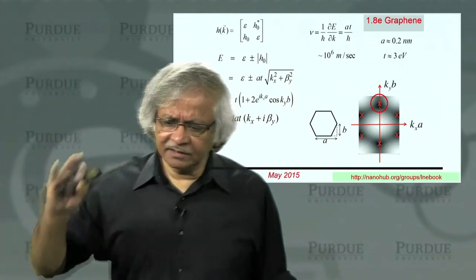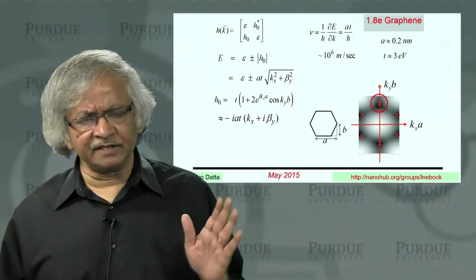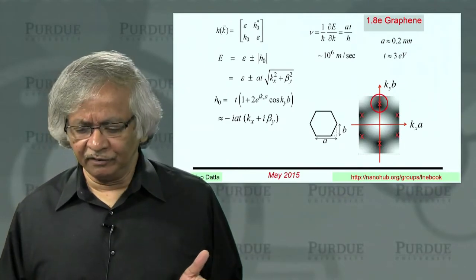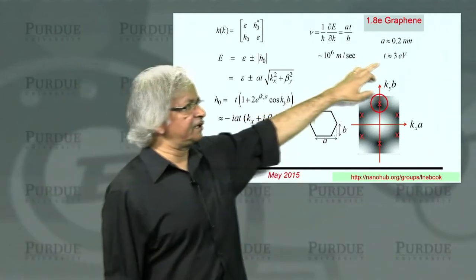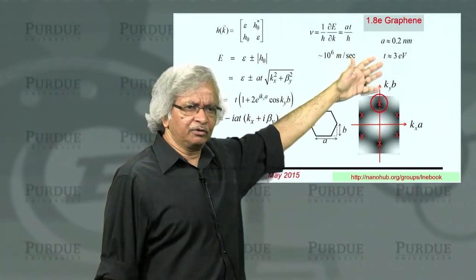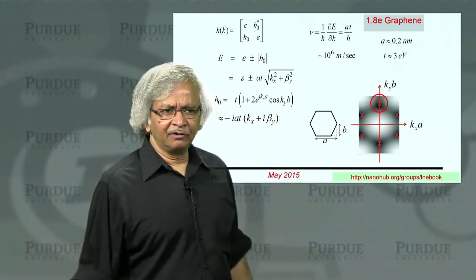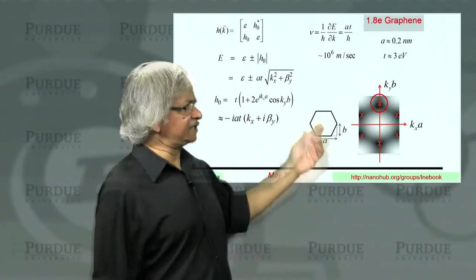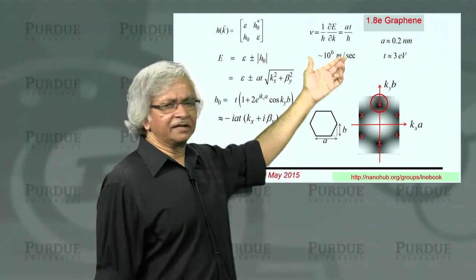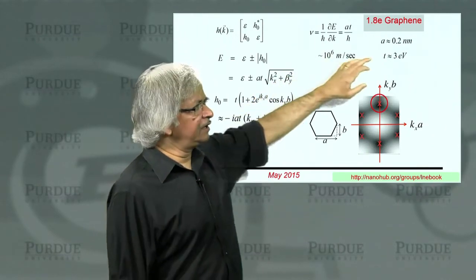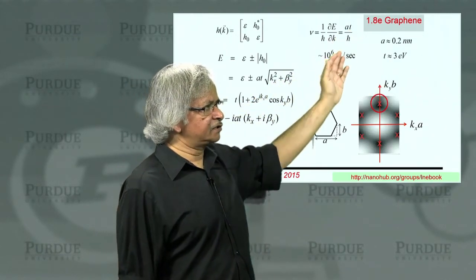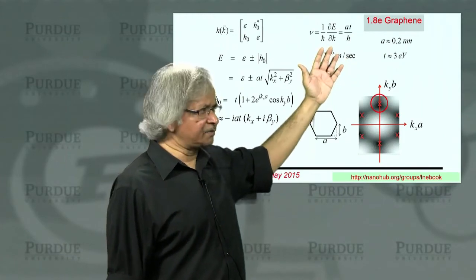But the point here is that it illustrates this whole semi-empirical approach very nicely. In the semi-empirical approach, we treat that T as a fitting parameter. What do we fit it to? Well, some well-known experimentally measured quantities, like say velocity. If you know that it's about, say, 8 times 10 to the 5 meters per second, well, use an appropriate T so that at least comes out right.